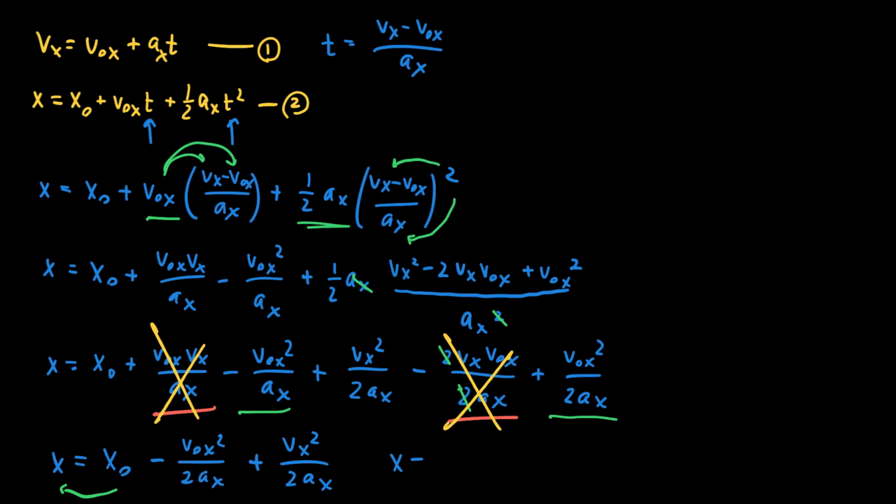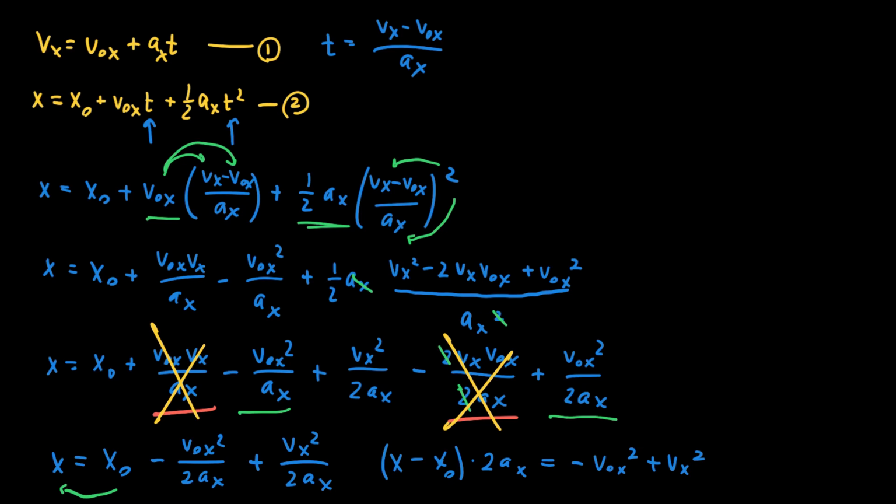So x minus x naught times, I'm multiplying now both sides of the equation by 2 times ax, which means on the right-hand side I will just have minus v naught x squared plus vx squared.